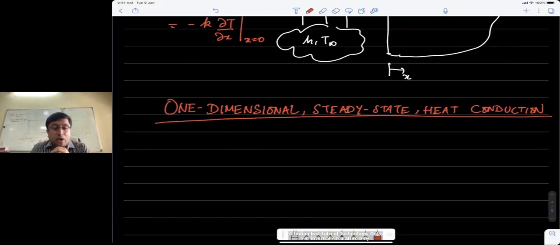Yes, at steady state, not in the initial transient phase. Think of it this way: you have a solid block, the back and front are insulated, the top and bottom are also insulated, and suddenly you create a temperature difference across the cuboid.